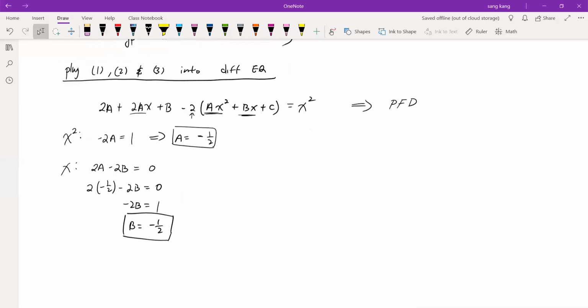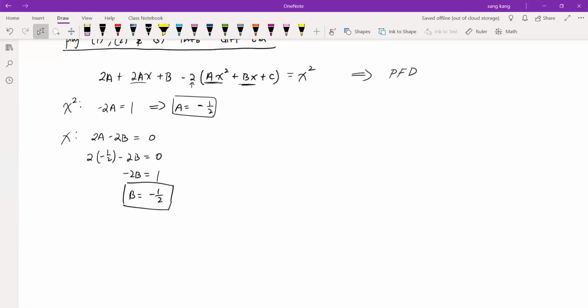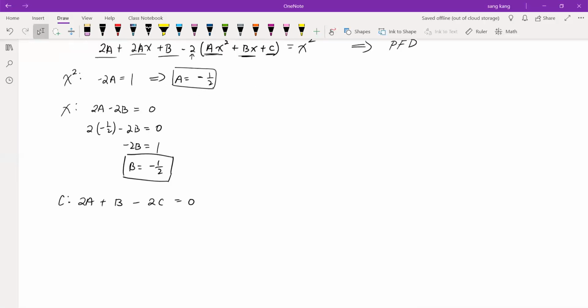Lastly, we can sum up all of the constants. We have 2a, we have b, and we have this c times -2. So 2a plus b minus 2c, and that also equals 0. There's nothing on the right-hand side as far as constants. Of course, we can plug a and b right into this. So 2 times -1/2 minus 1/2 minus 2c equals 0.